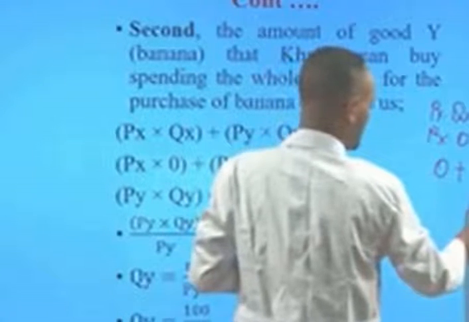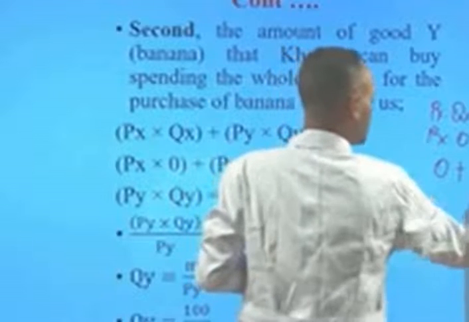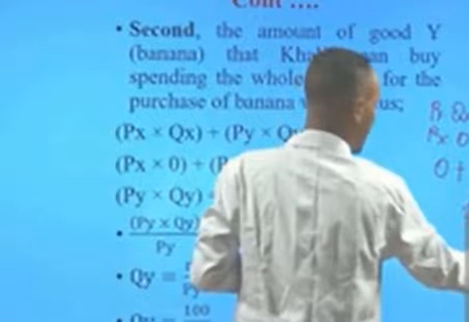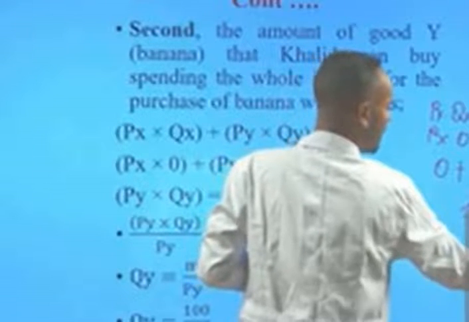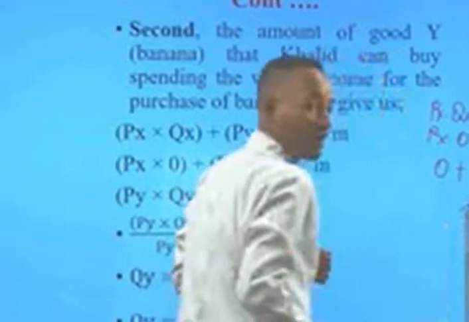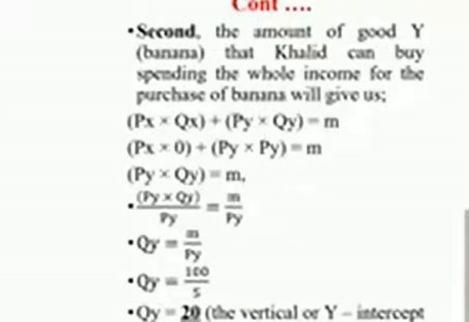And when we divide both sides by the price of Y, we are left with the amount of commodity Y, which is equal to income divided by the price of Y. This, the quantity of Y, M divided by price of Y, will give you the amount of commodity Y that a consumer can buy, spending the whole income for the purchase of good Y only.